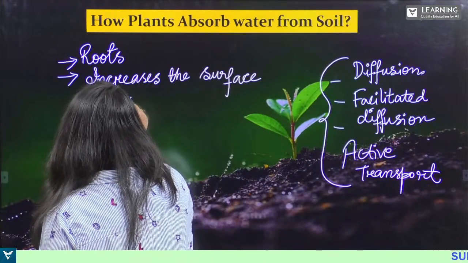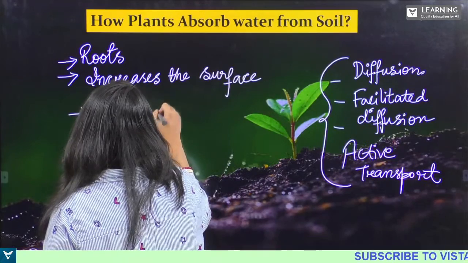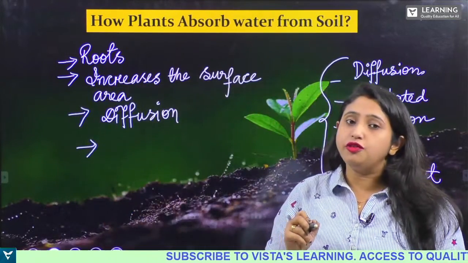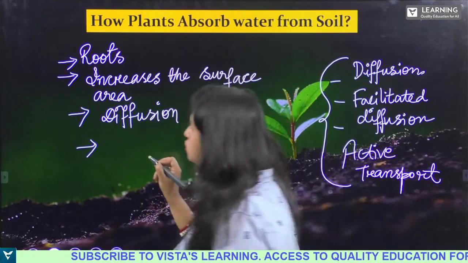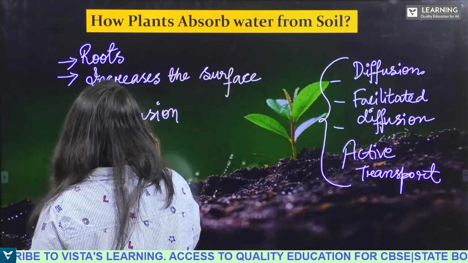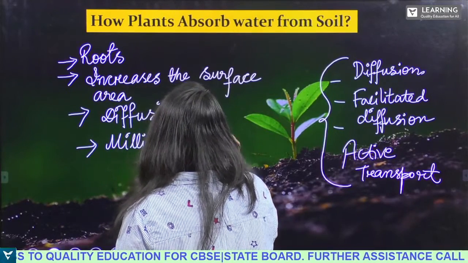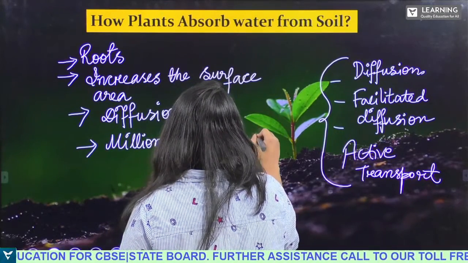Roots absorb water basically by the process of diffusion. In the roots, you will find various root hairs. The root consists of millions of root hairs.